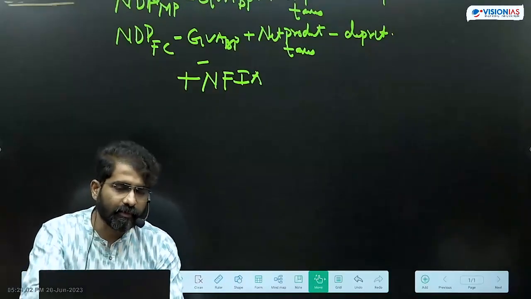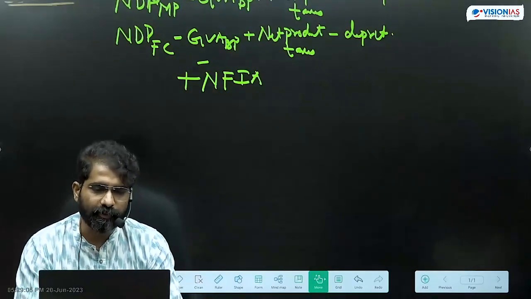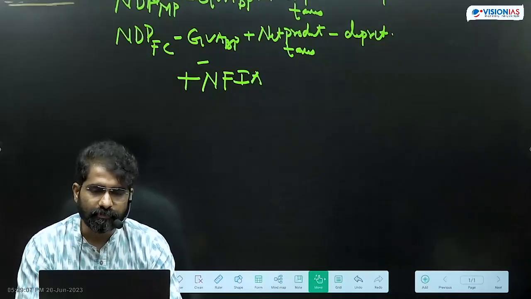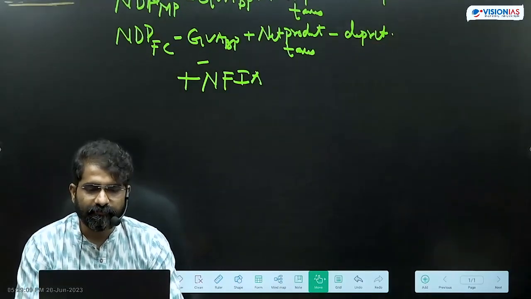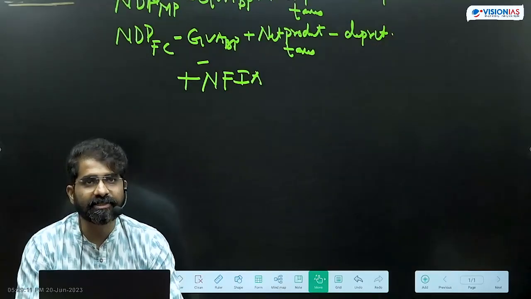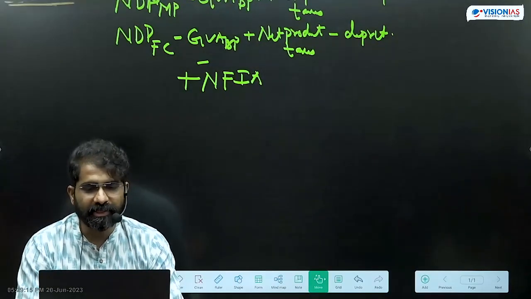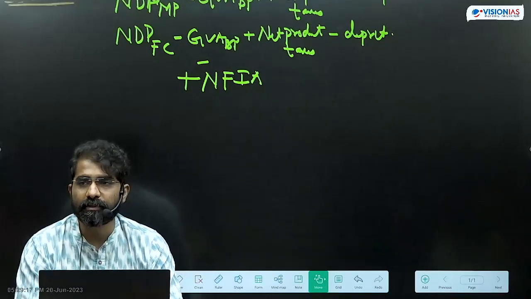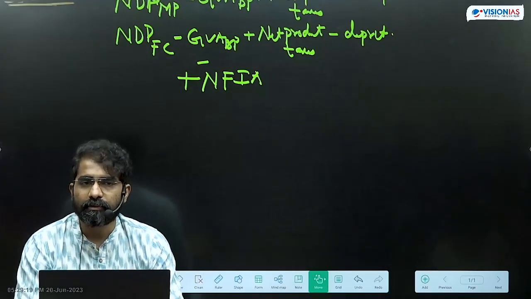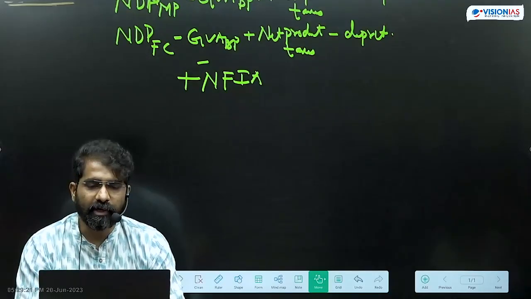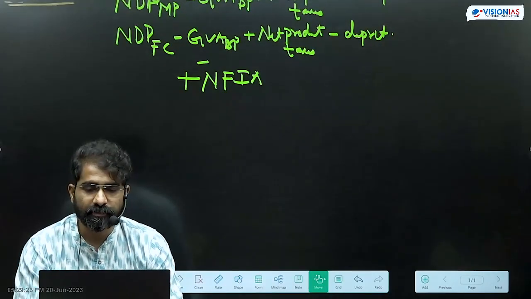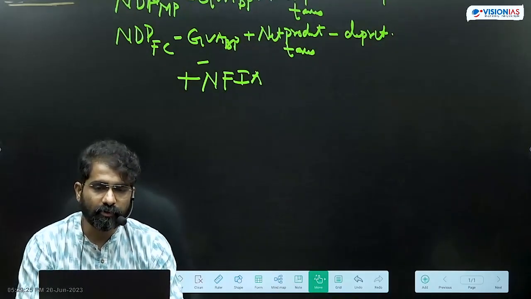Write down, final product approach. First point: this approach calculates national income from the output side.